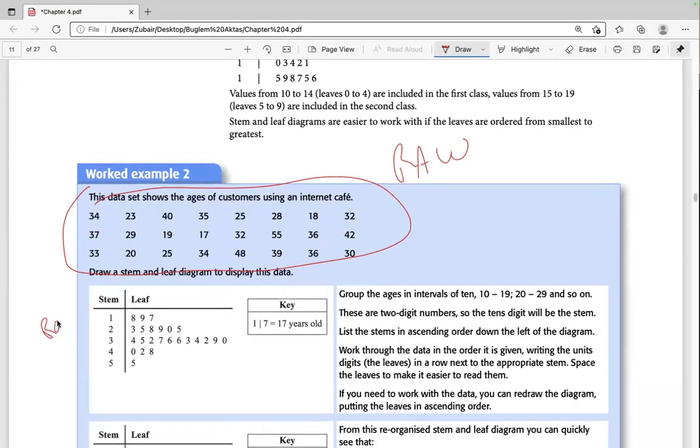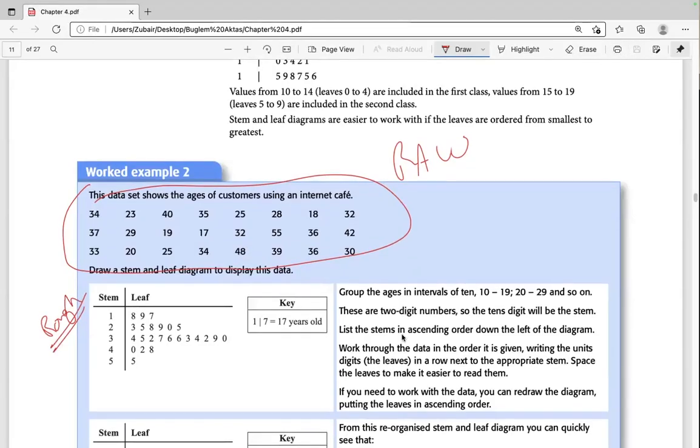Now, this is rough. We will polish this data in the next minutes. This here says 1/7. The key says 1/7 means 17. So now I can read that this is 18, this is 19, this is 17.